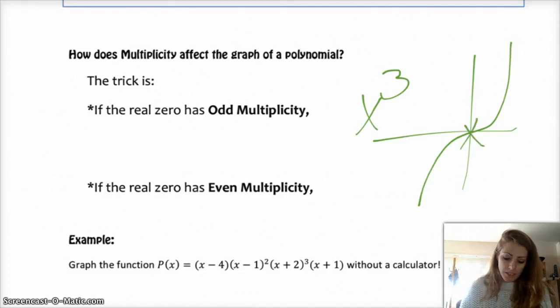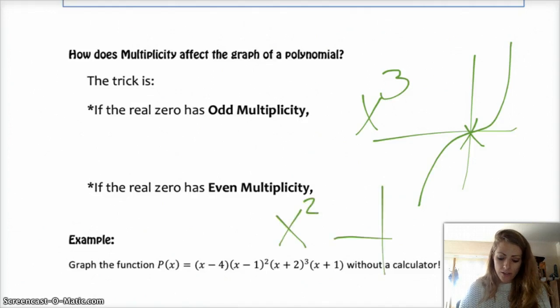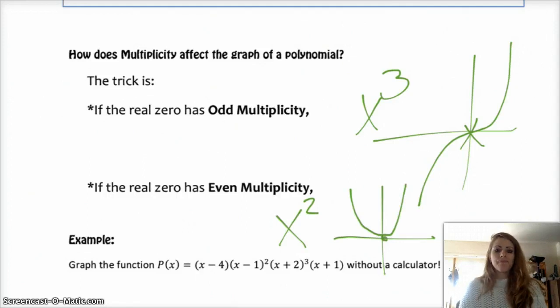If it's even multiplicity, it's going to look kind of like the zero of x squared, where it bounces off. So odd multiplicity goes straight through, even multiplicity, you bounce. That's the long story short.